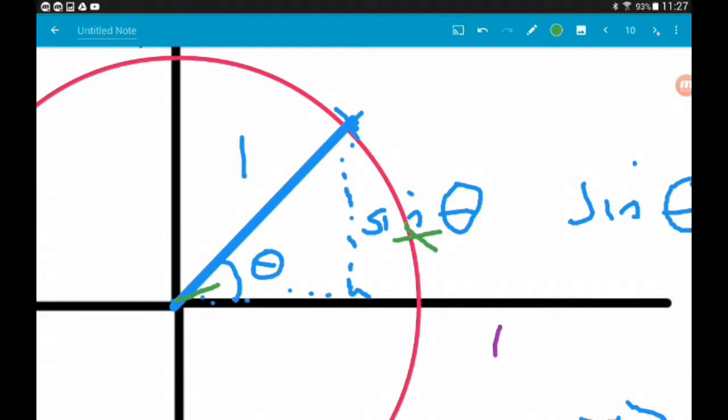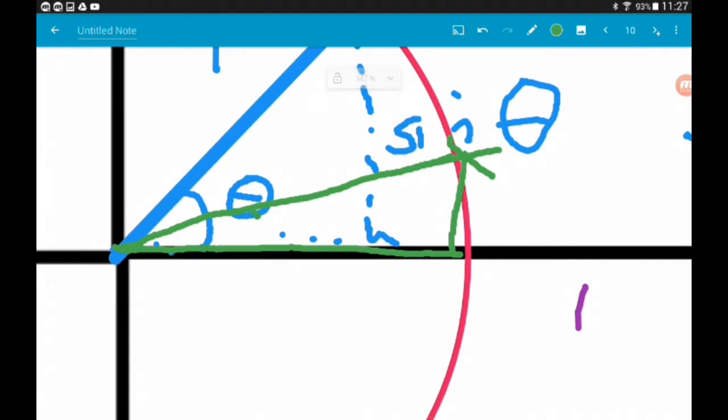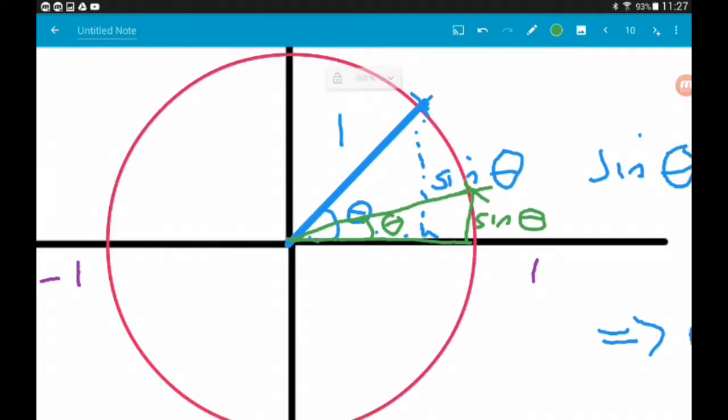Then our radius would come out like that, and then our height would go down like that, and then this would go across. So now we would have a much smaller value of theta, and this height would now be sine of theta. So again, sine of theta is describing the y-coordinate of any point on the circumference of the unit circle.